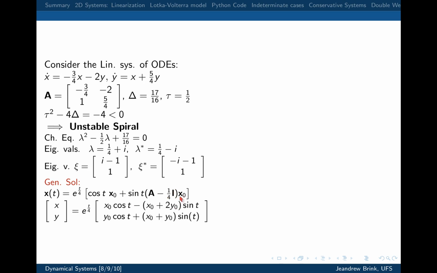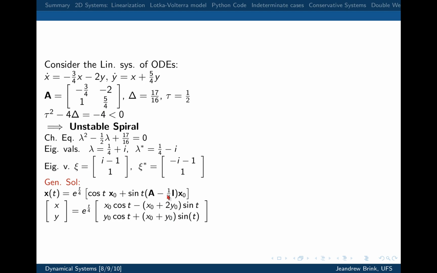So if you write this out in full, here we go. It's x0, y0 times cos t, with e to the t over 4 taken out in front, and then it is A minus a quarter I. So it will basically be minus a half, minus 2, 1, and 1 multiplied by y0.